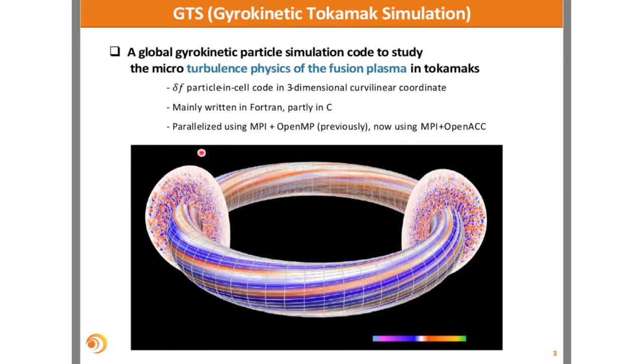We are using delta f particles inside the code. This code is mainly written in Fortran and partly in C. It was previously parallelized using MPI plus OpenMP, but recently we are using a pure MPI version for the CPU machine. For the GPU machine, we are now using MPI plus OpenACC.